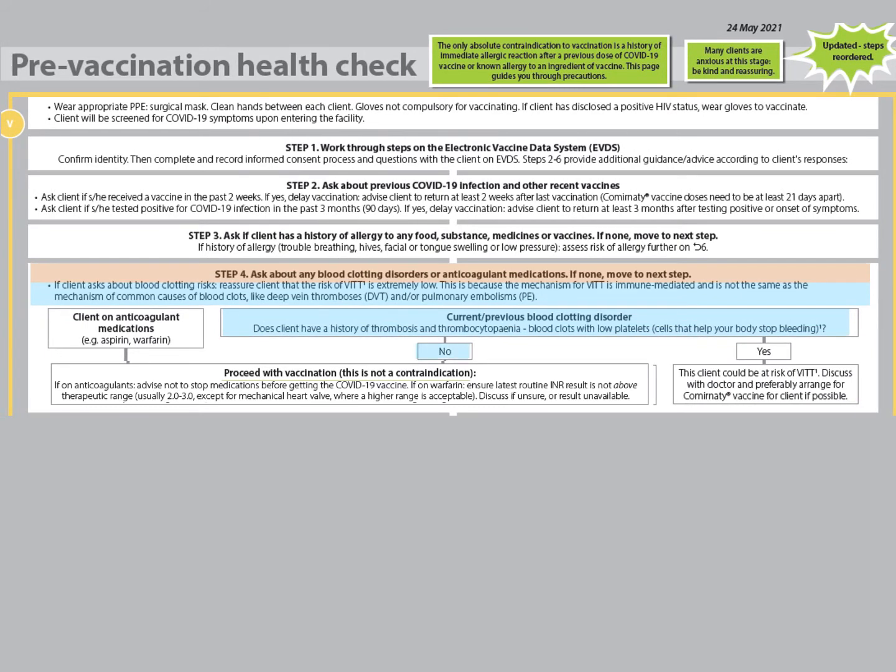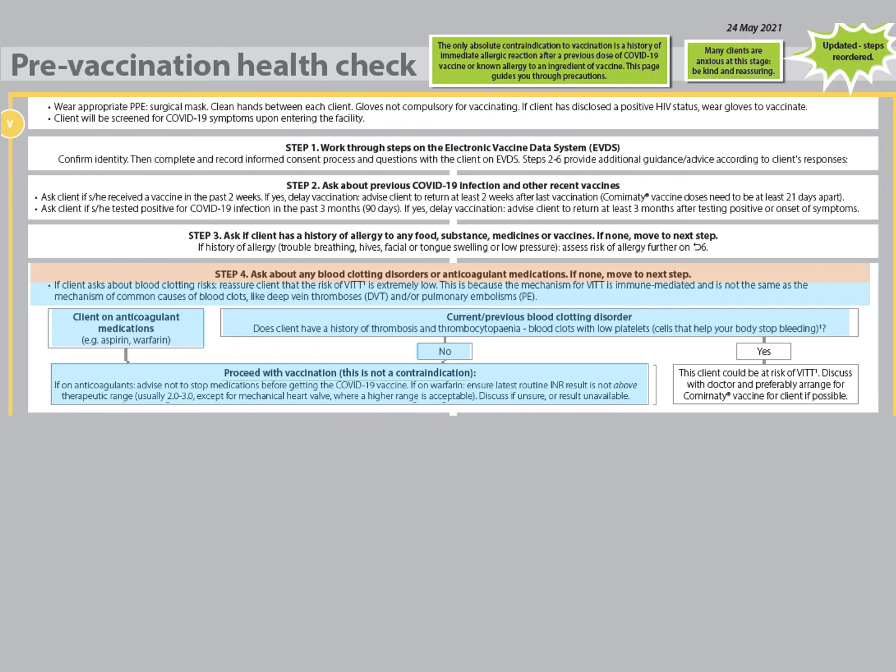Where there is no history of an unusual blood clot in the presence of low platelets, or the client is on an anticoagulant or blood thinner for another reason, you are instructed to proceed with the vaccination. There is no contraindication. A note clarifies that clients are advised not to stop medications before getting the vaccine.